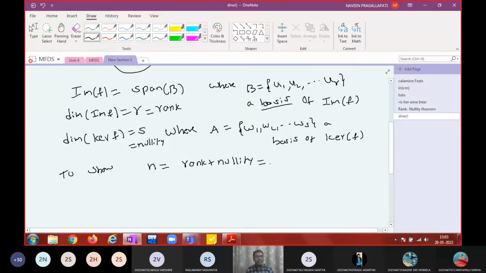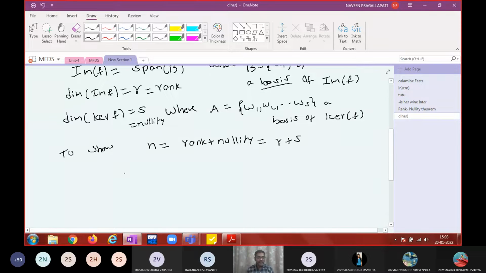That means this is nothing but R plus S. That means I have to show that the dimension of V, which is n, is R plus S. V will have dimension n, no? That means if I can generate R plus S linearly independent elements which generate the whole space, then it is of dimension n.